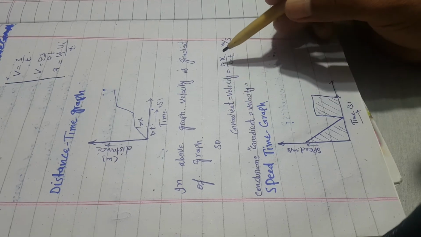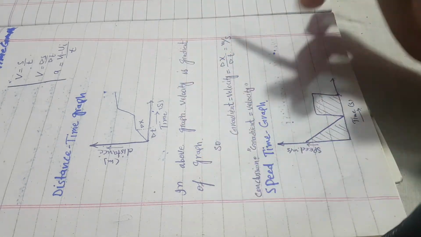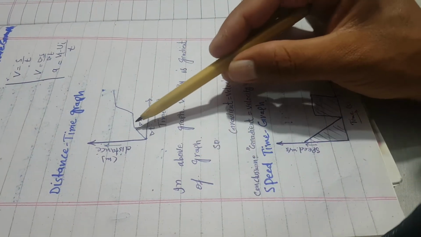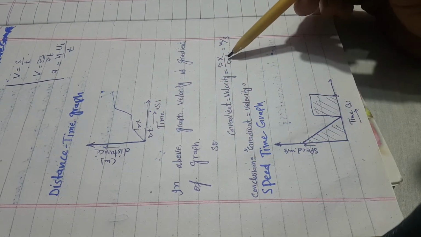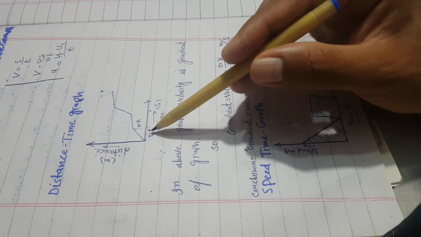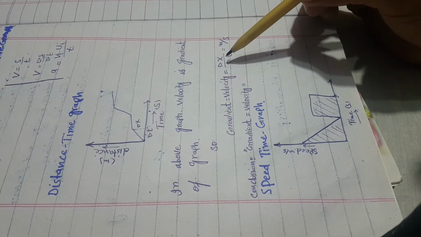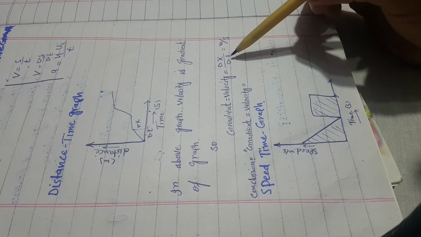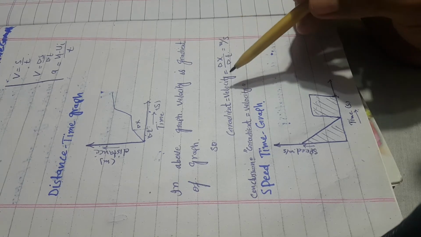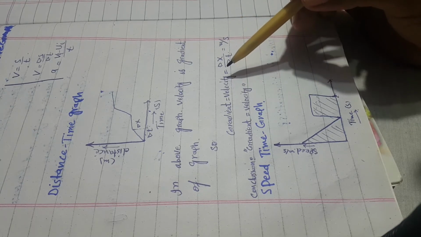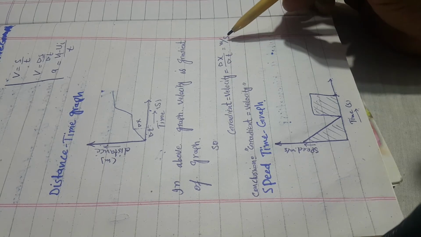So we can write, if this distance is x, which is the rise, and the run is dt, then del x over dt is equal to the velocity. We will measure it in meter per second.